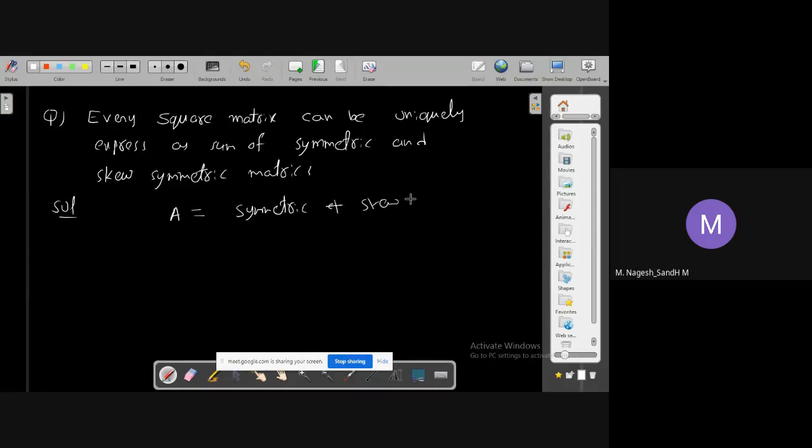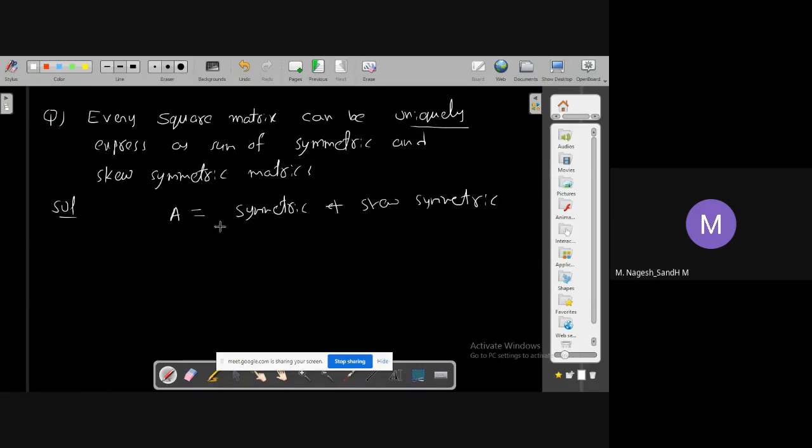That we have to prove. One is a symmetric, one is a skew symmetric. Here one more word is mentioned, uniquely. This uniquely I will discuss at the end of the solution. You don't worry about it.